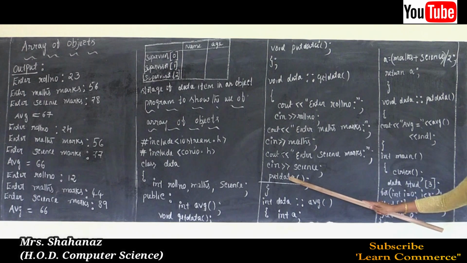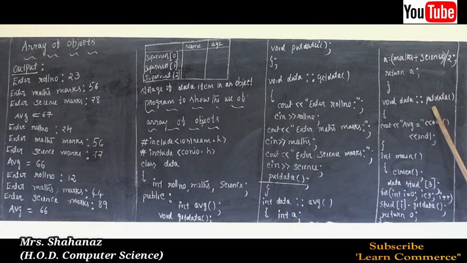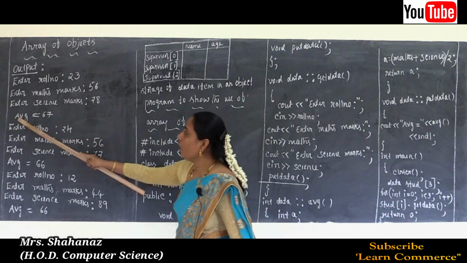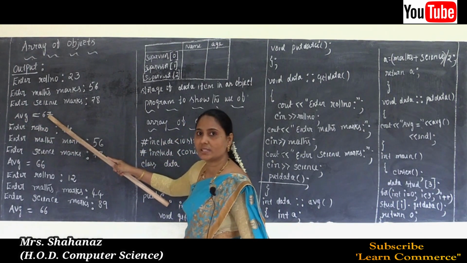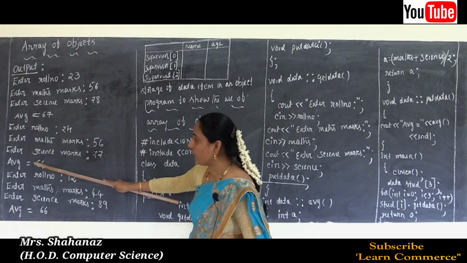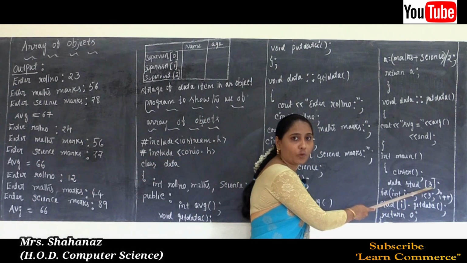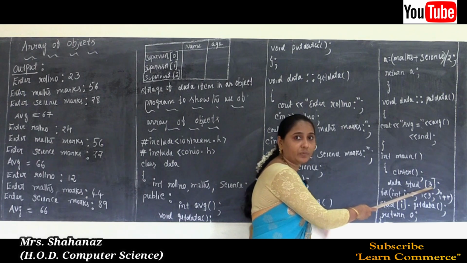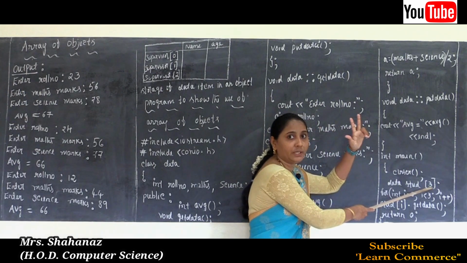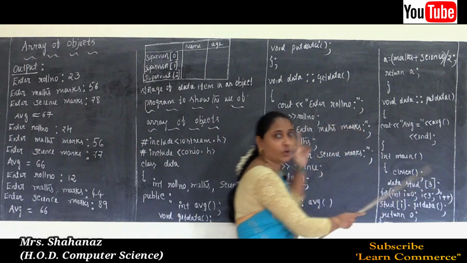And in our putdata information we already wrote that average is equal to avg. So it's going to display the value average is equal to 67, and here 3 outputs are going to display. Why? Because this is stud of 3, so it's going to start from 0, 1, 2. So totally 3 students' information is going to display.